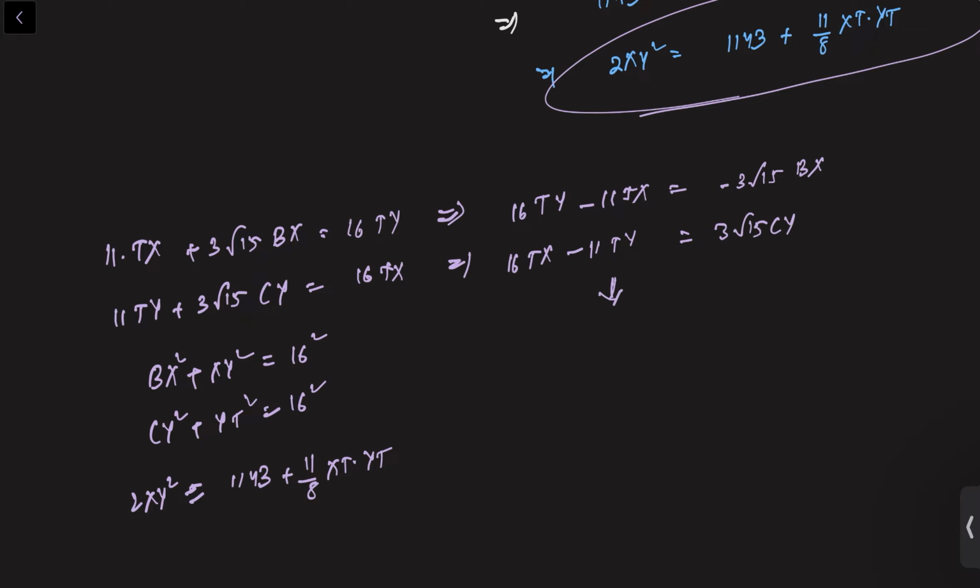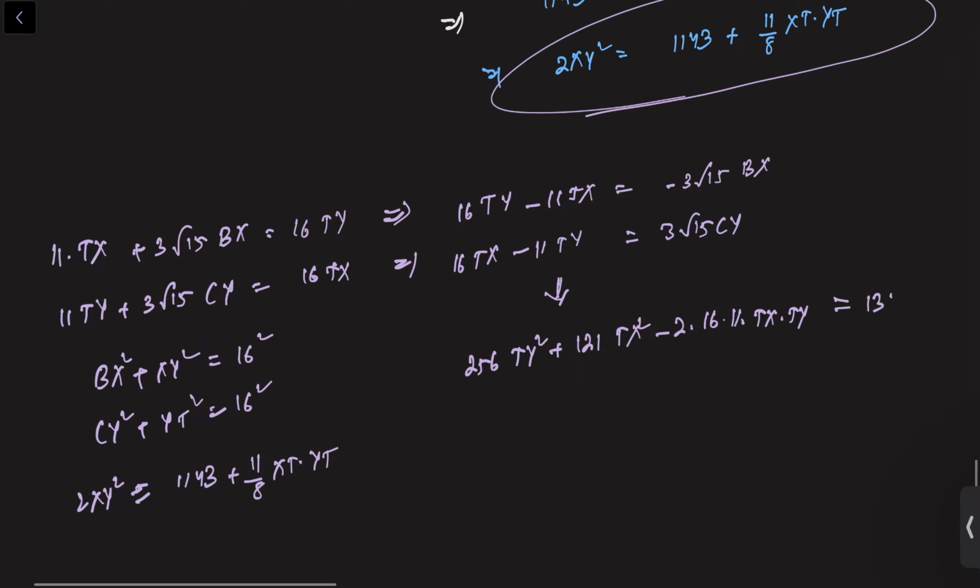If I square on both sides, I'll get 256 ty² plus 121 tx² minus 2 into 16 into 11 into tx into ty equals 135 bx². In a similar way, 256 tx² plus 121 ty² minus 2 into 16 into 11 into tx into ty equals 135 cy².